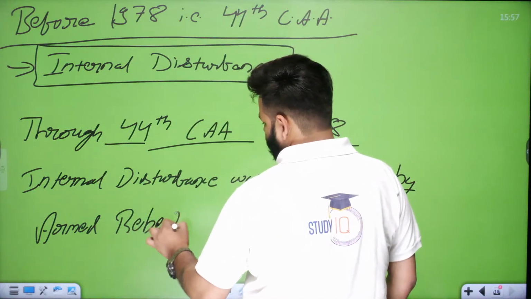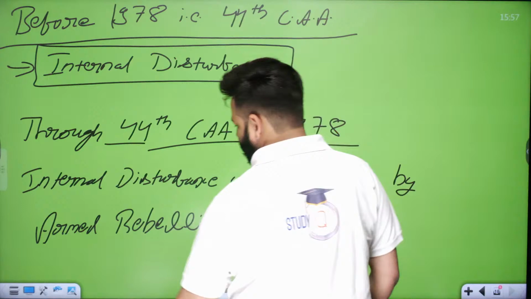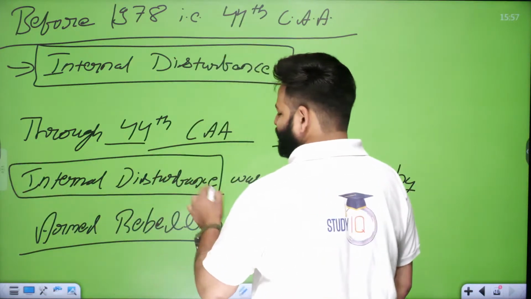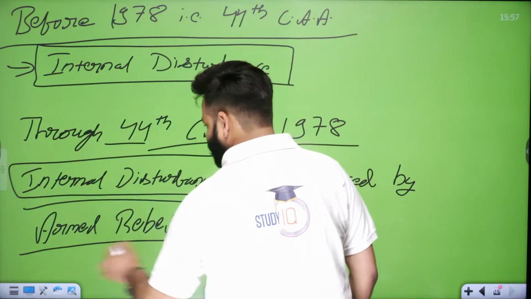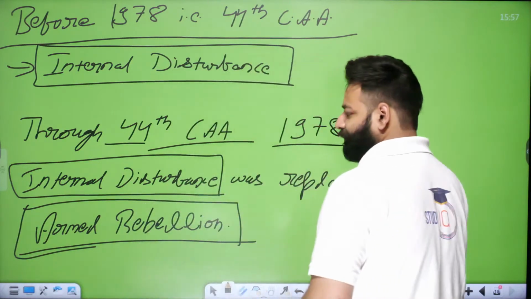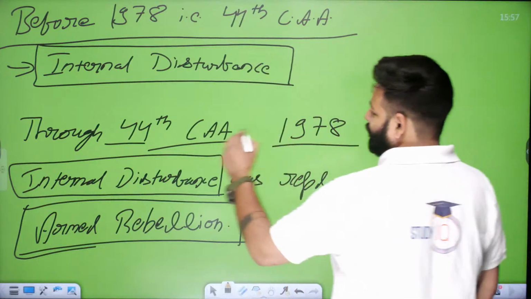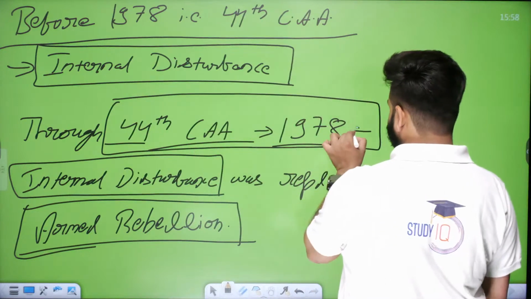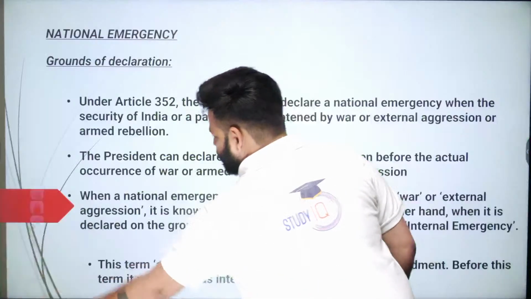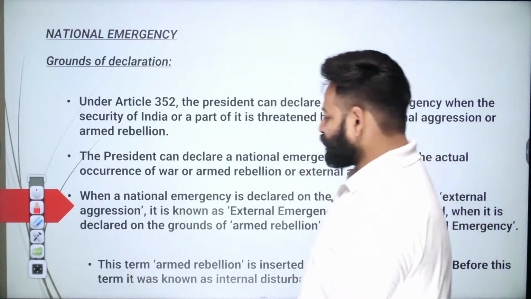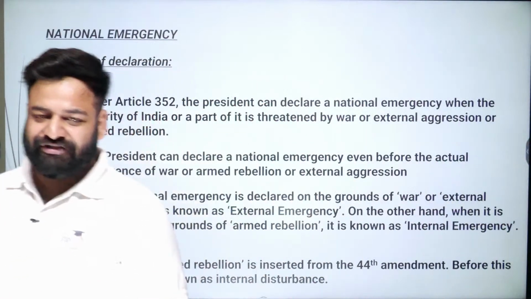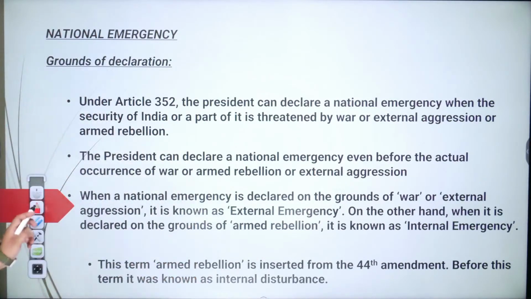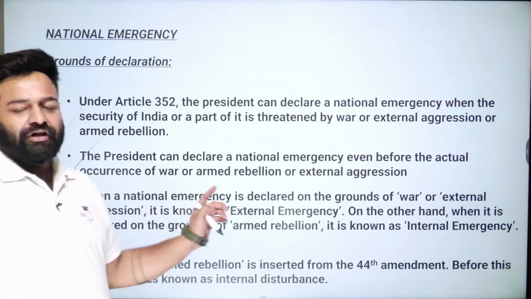Armed rebellion. So before 1978 it was internal disturbance, after 1978 it was armed rebellion. Which amendment? The 44th Constitutional Amendment Act, 1978. This particular thing was changed. So the grounds of declaration are now two: external emergency, that is external aggression or war with any country, and the second one, internal emergency, that is basically the armed rebellion.